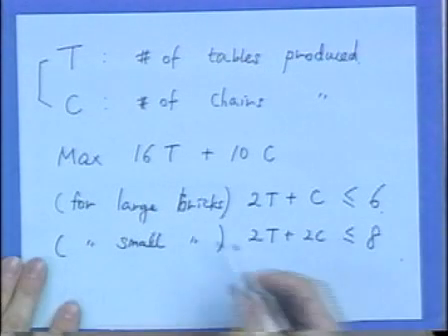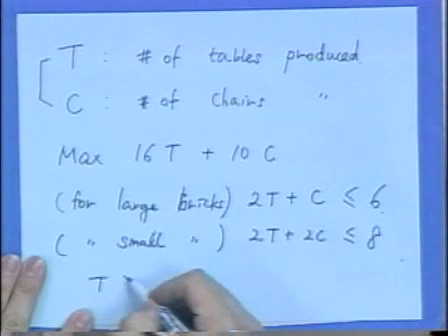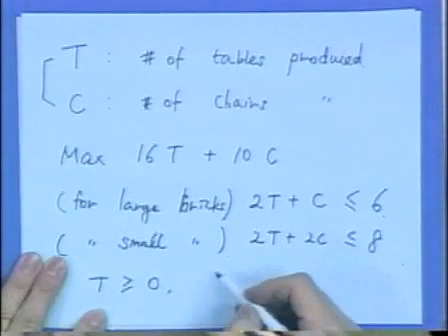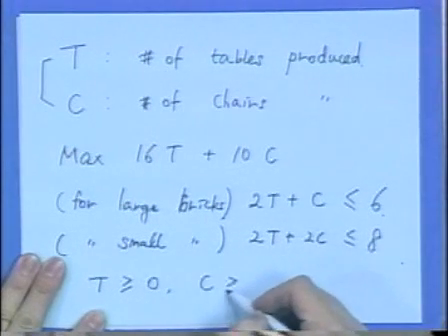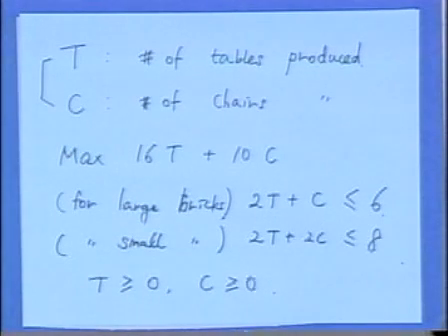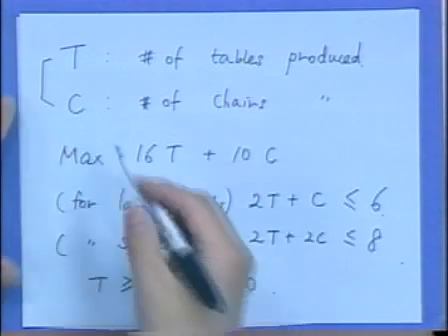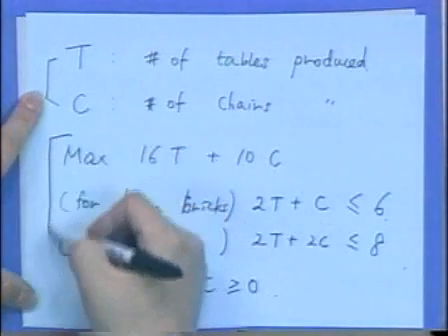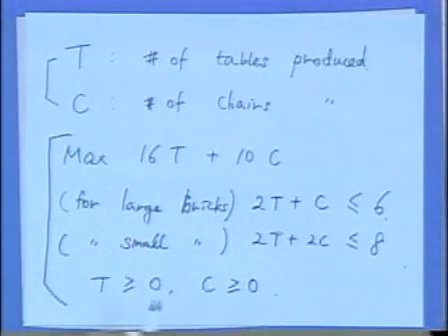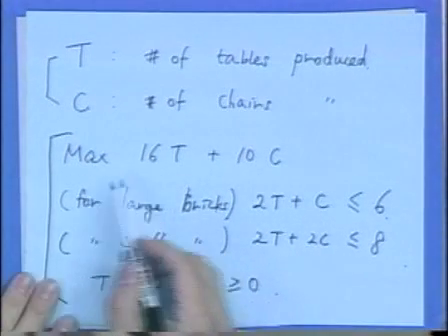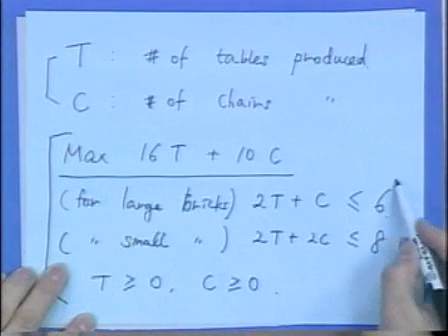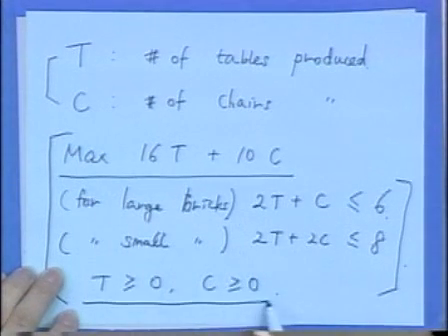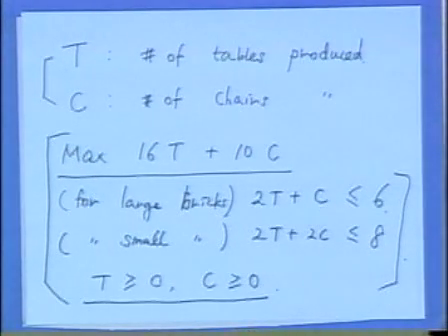And of course, both decision variables, T is greater than or equal to 0, and C is greater than or equal to 0, okay? So this is the complete math formulation for the second example problem, which includes the objective function and the constraint set, including the non-negativity restriction, okay? It's pretty simple, right?